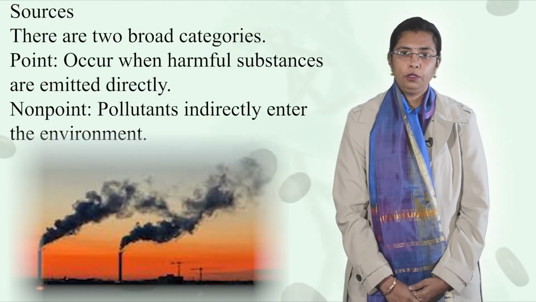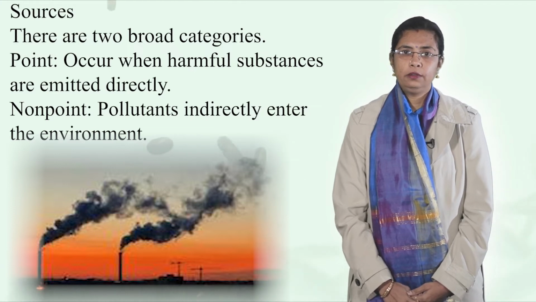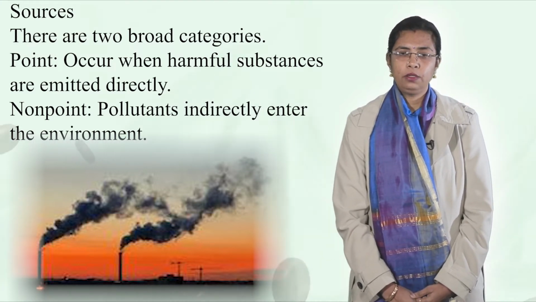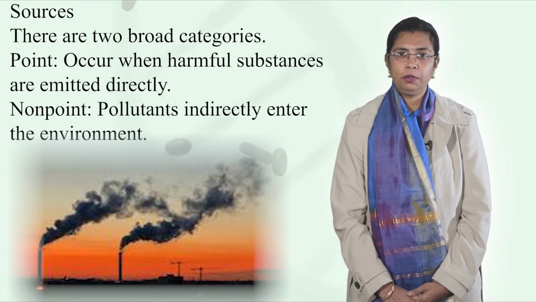When we talk about pollution, this could be from point or non-point sources, and this could be at the local level, regional and transboundary, because pollutants do not have any political boundaries.